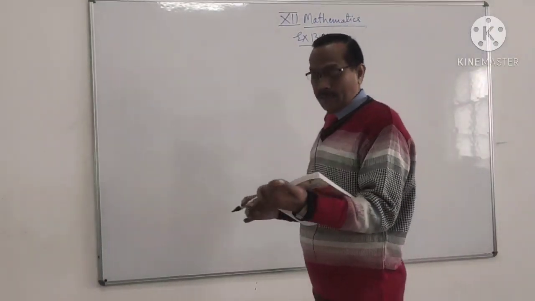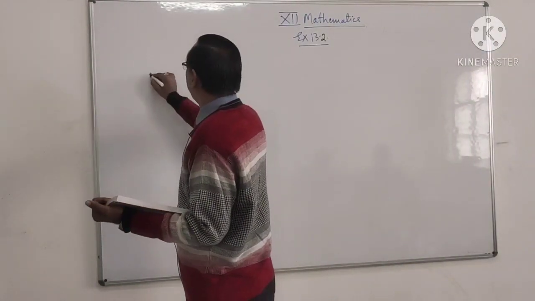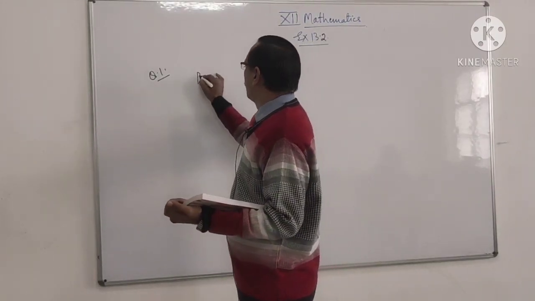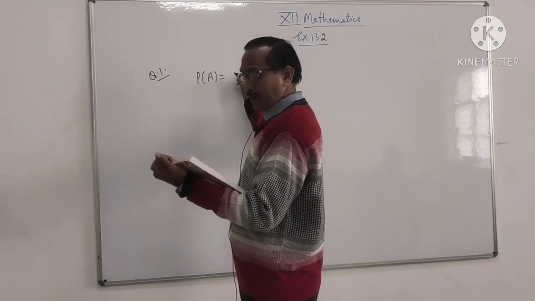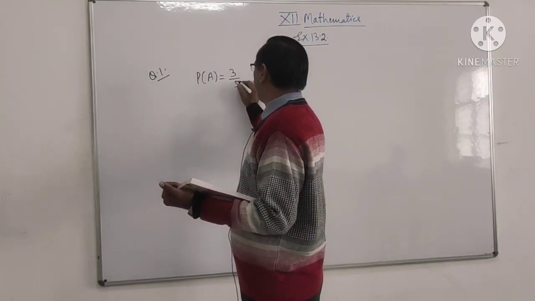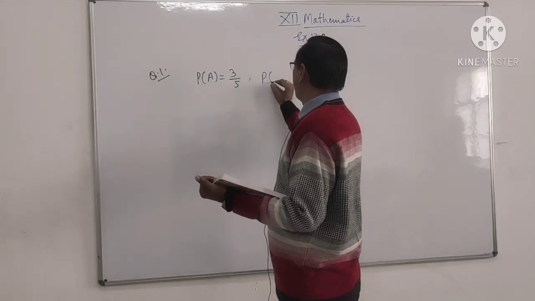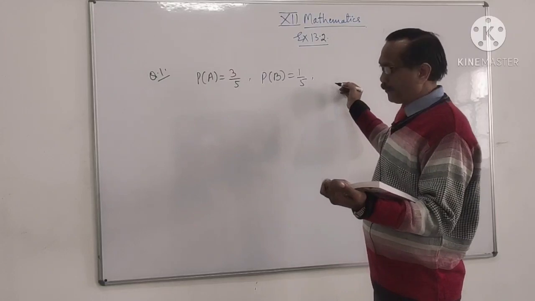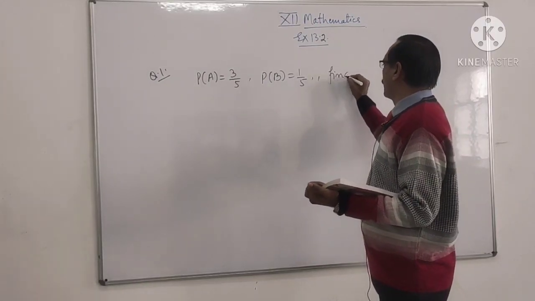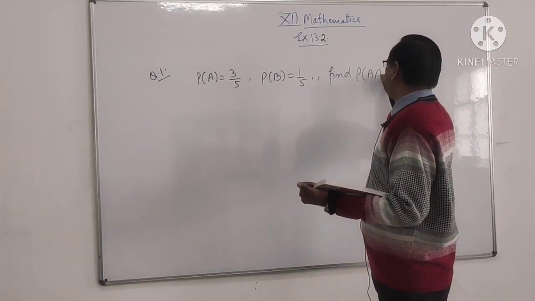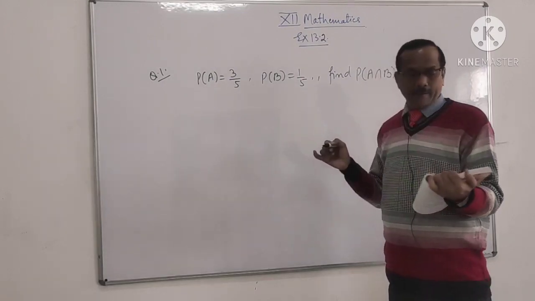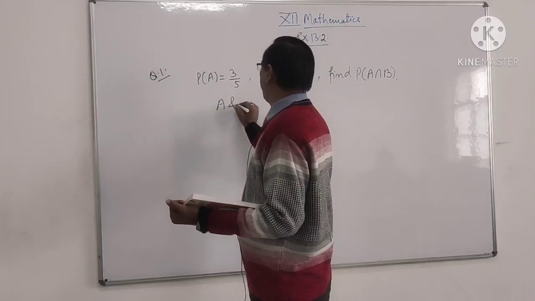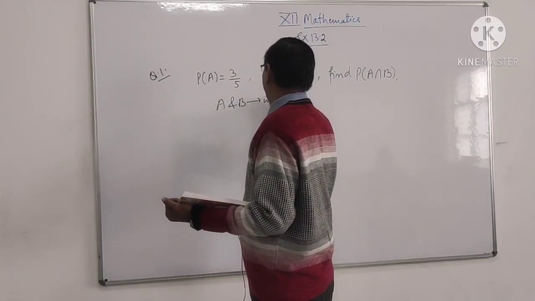Now students, exercise 13.2, question number 1. Here P(A) is given as 3/5 and P(B) is 1/5. Find P(A intersection B) if A and B are independent.